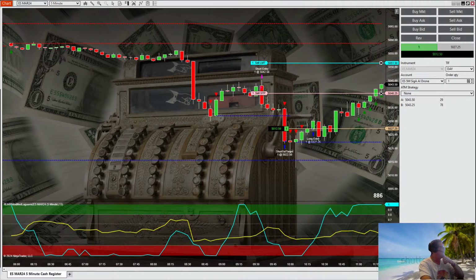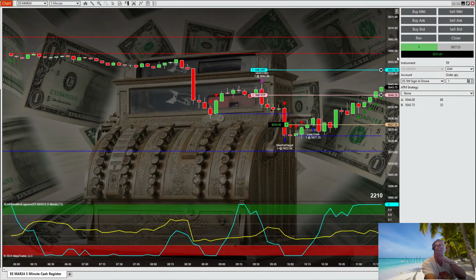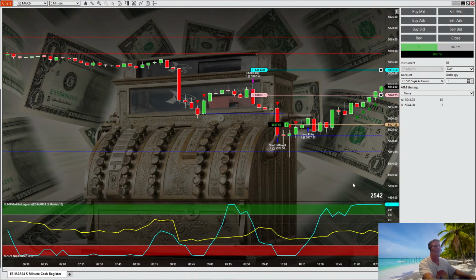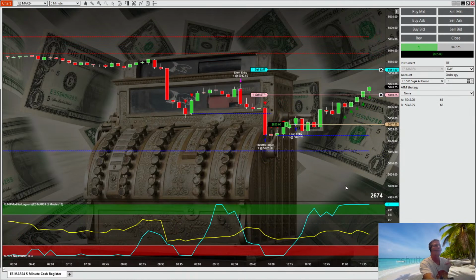PPI was very weak. That's what that big move down was, the PPI. Order filled. PPI report was very weak. Order filled. Order filled.